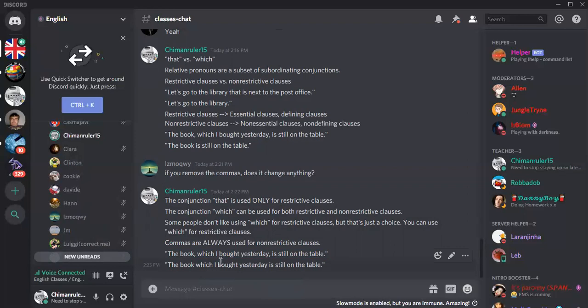Yeah, because if you set these clauses off with commas, you're implying that whatever is in between the commas isn't actually important to the sentence, so you can just take it out. Yeah. And let me provide another example. This part might be clearer.